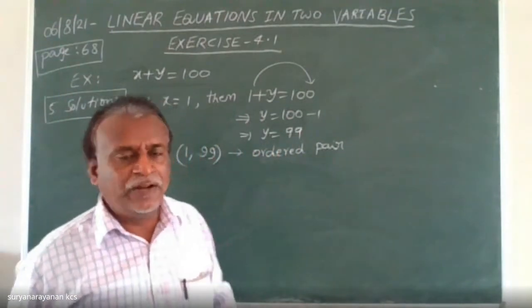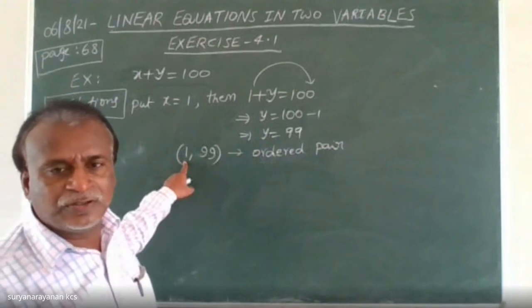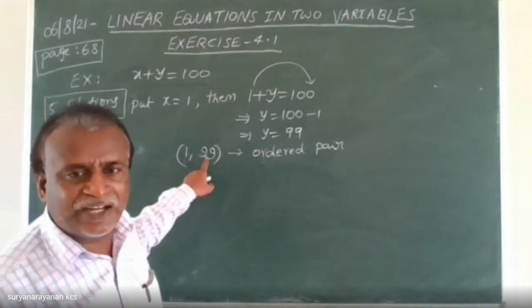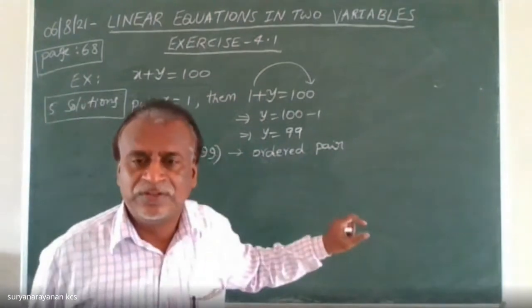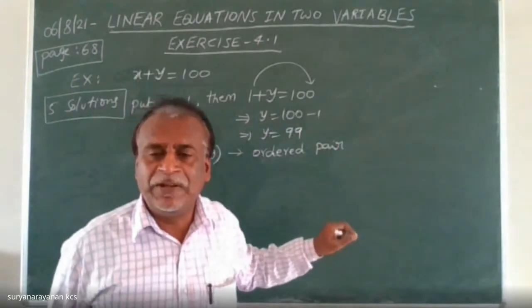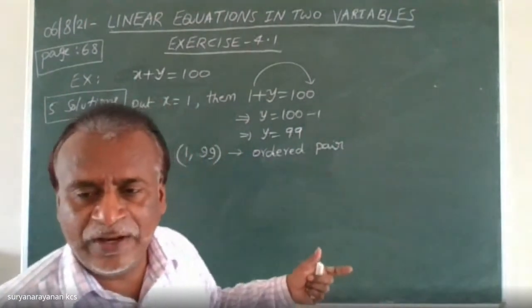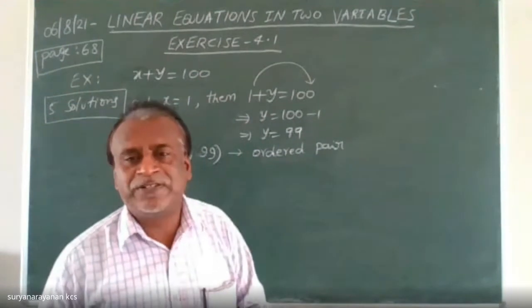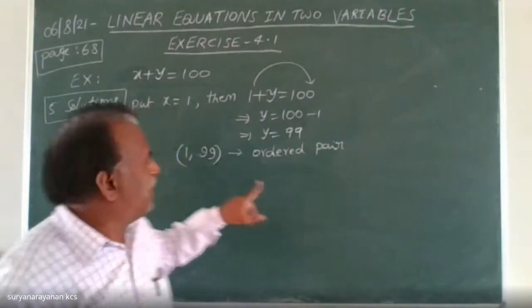In this ordered pair, the first value denotes the value of x and the second number denotes the value of y. Remember this point, my children. In this ordered pair, there are only two numbers separated by a comma.